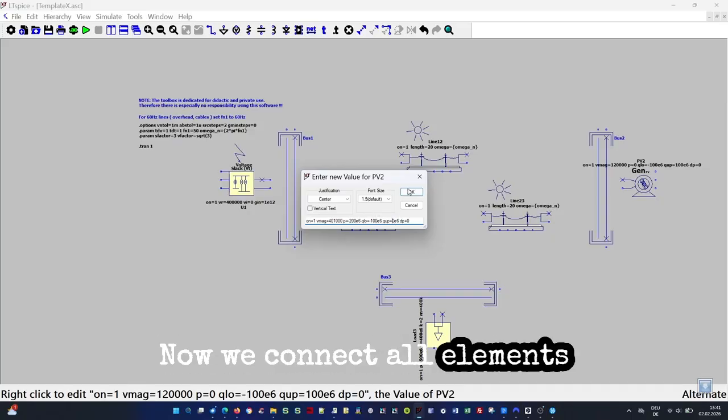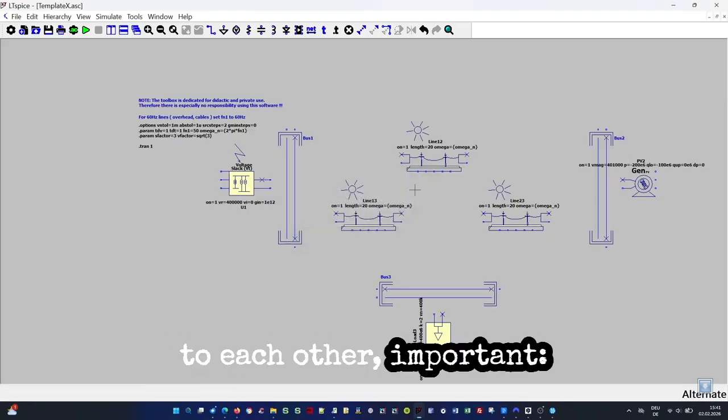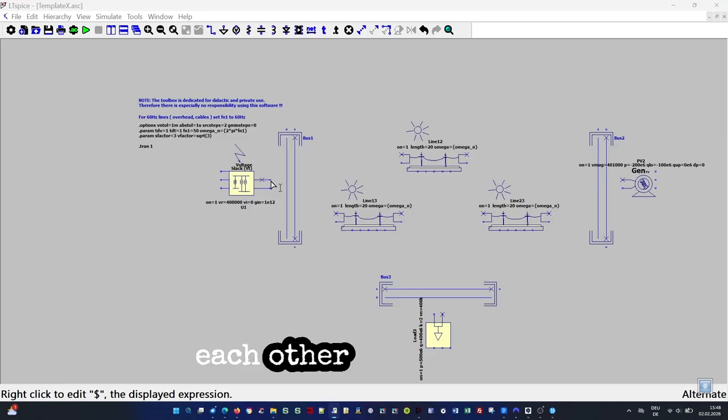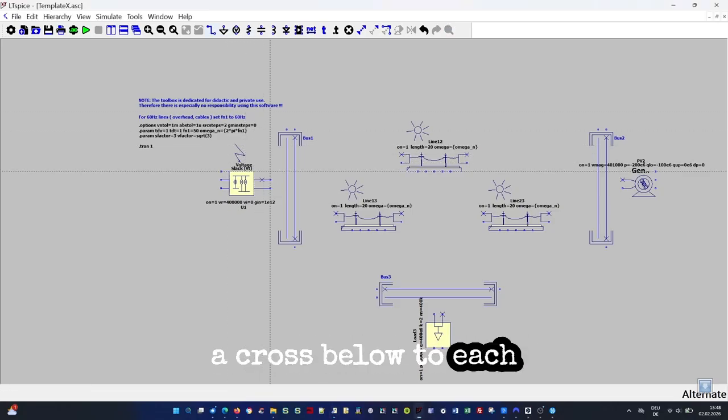Now we connect all elements to each other. Important: only connect pins with a cross to pins with a cross, and pins without a cross to pins without a cross.